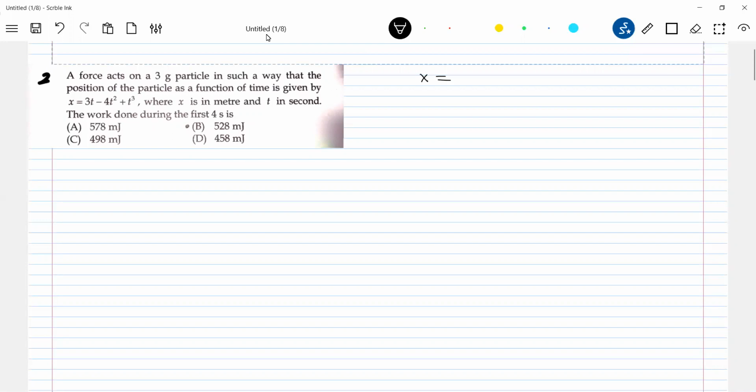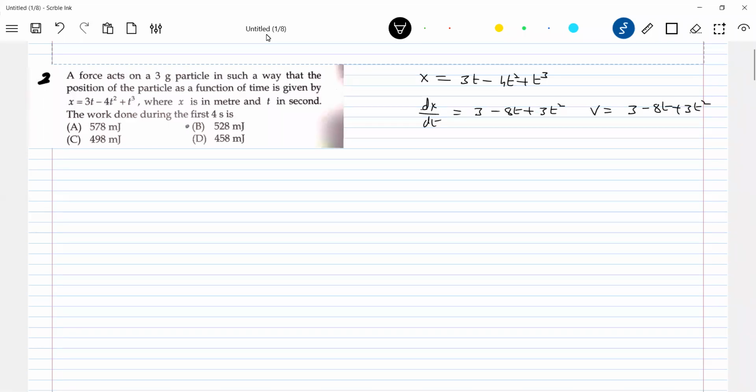So I'll proceed like this: x equals 3t minus 4t square plus t cube. Then dx by dt should be equal to 3 minus 8t plus 3t square, and this is nothing but the velocity of the particle.